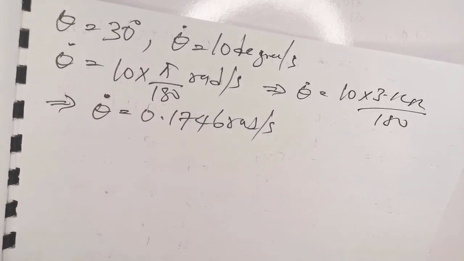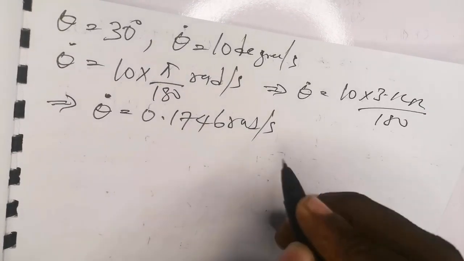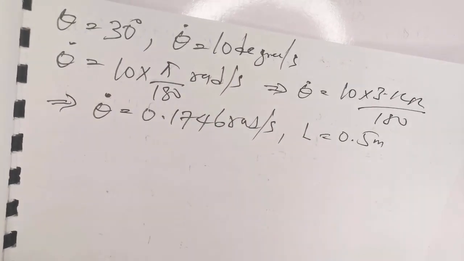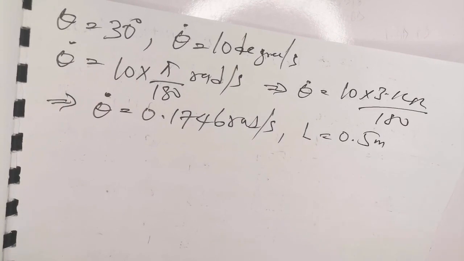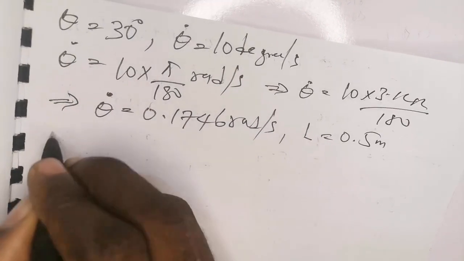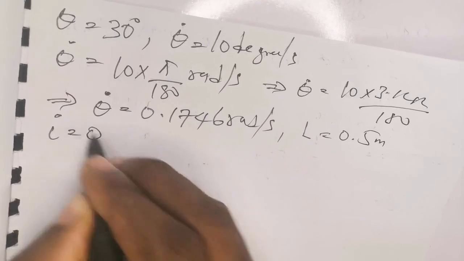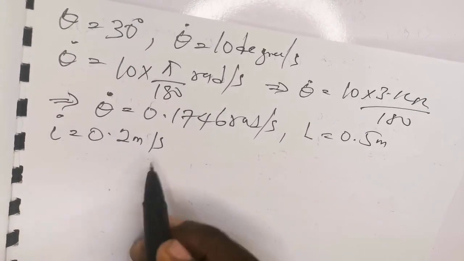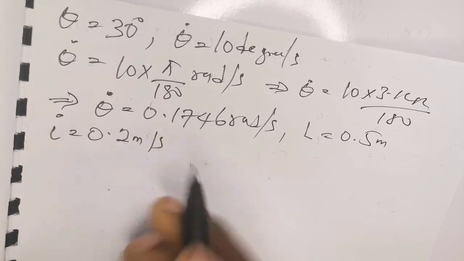We were also given L to be 0.5. So you were given L equals 0.5 meters. You are given L dot to be 0.2 meters per second. So this simply means this is a velocity component in meters per second.